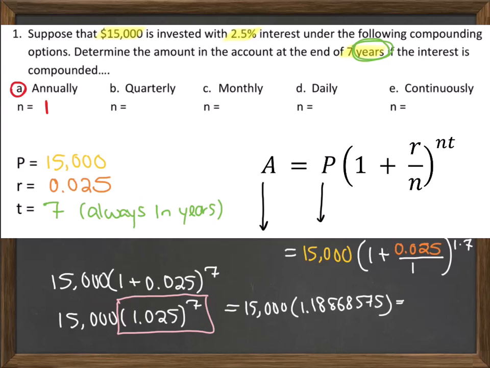So we take that number and we multiply it by 15,000, and of course, because this is money that we're talking about, we're gonna round it to the nearest cent. So I get $17,830.29 because it's 286, right? And 286 rounds to 29. Okay, so that is our final answer in dollars.